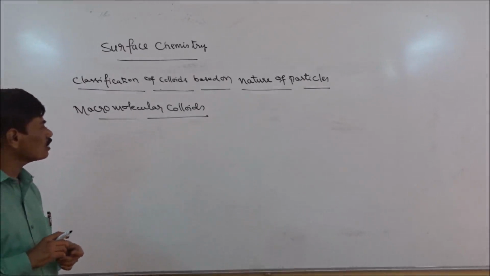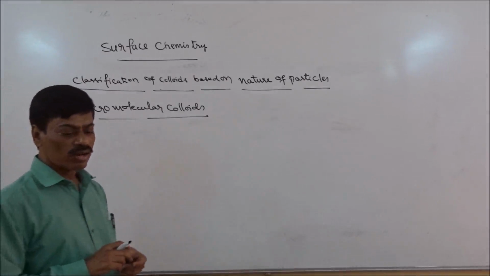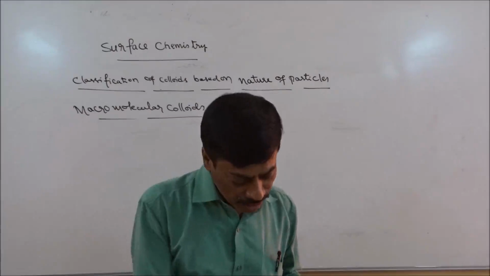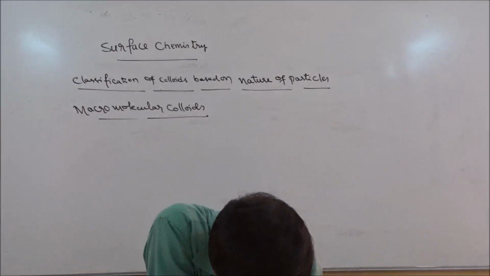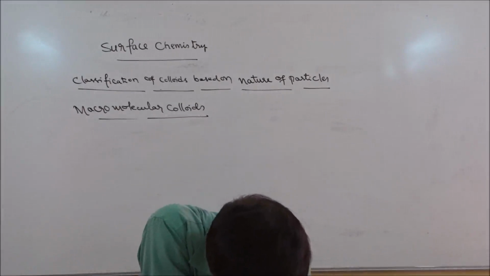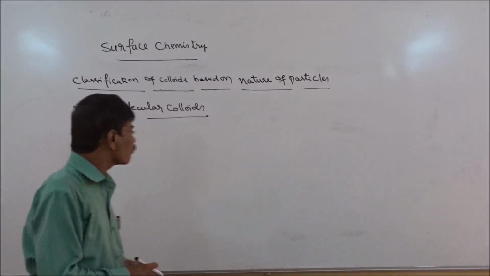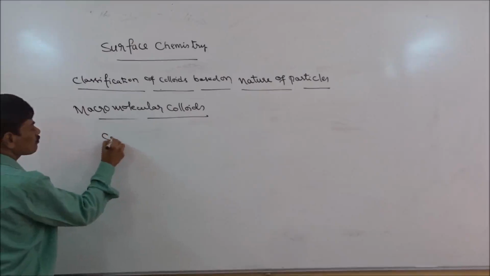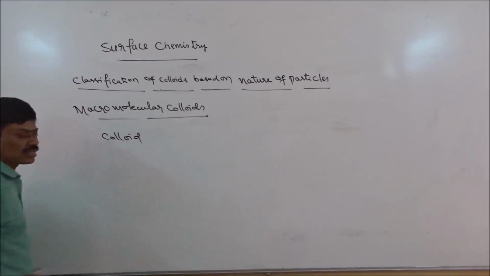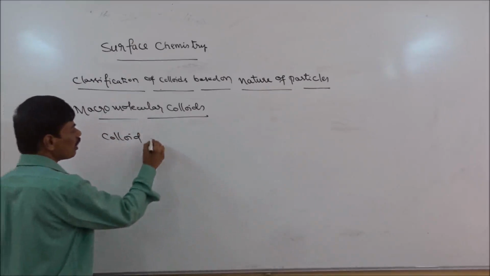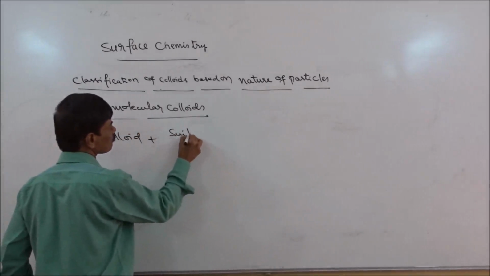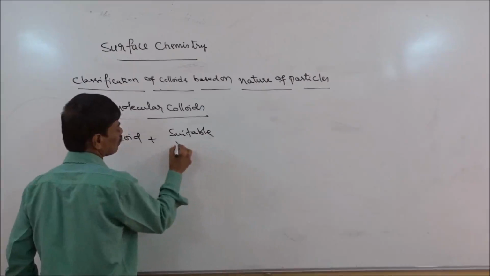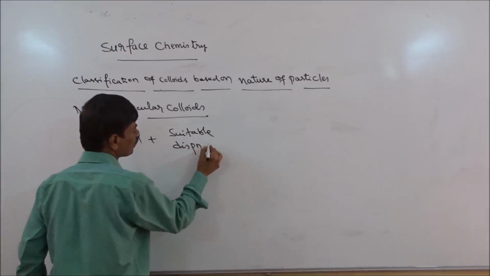Now let us see how these macromolecular colloids result and the different examples. In this case, first we will take the colloid, and to that colloid we will add a suitable dispersion medium.